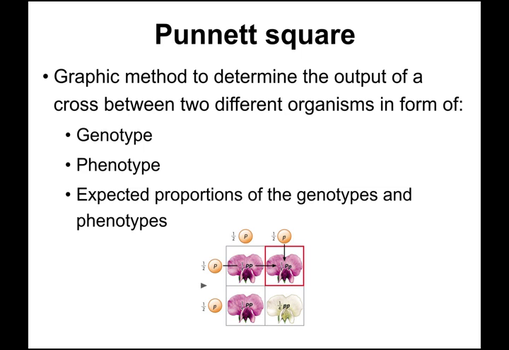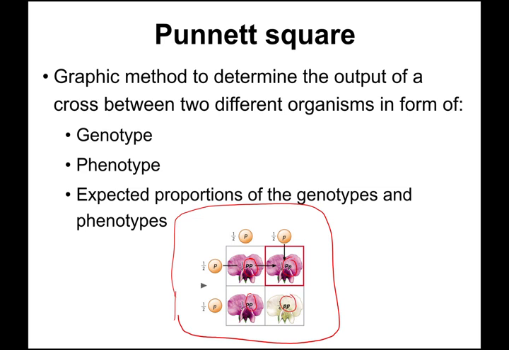So here you have an example on the bottom. This was what we used in the lecture on Mendelian genetics, and this was the result of the crossing of two heterozygous plants for the color of the flowers. As you can see, the Punnett square allows you to predict the genetic makeup of the offspring.